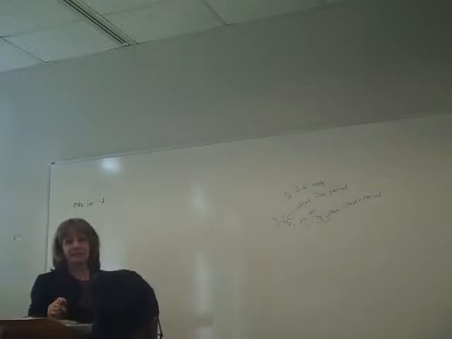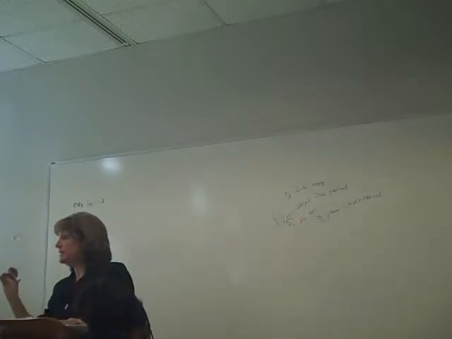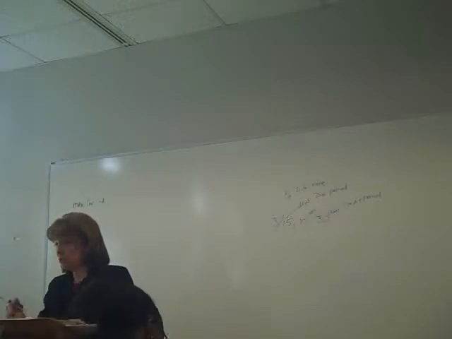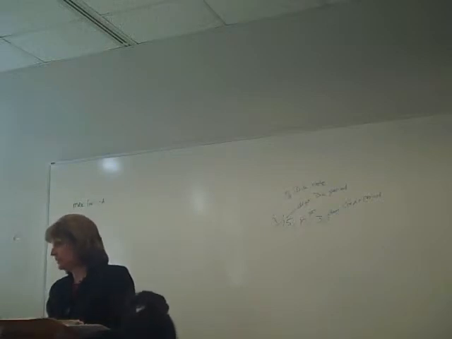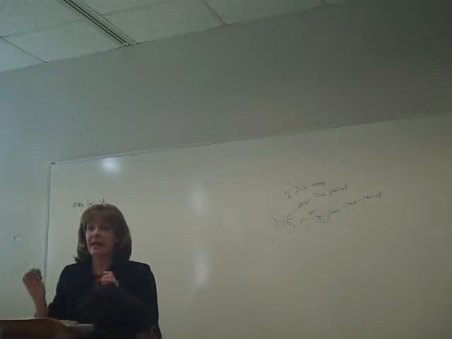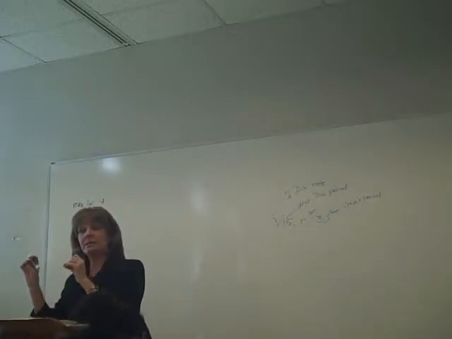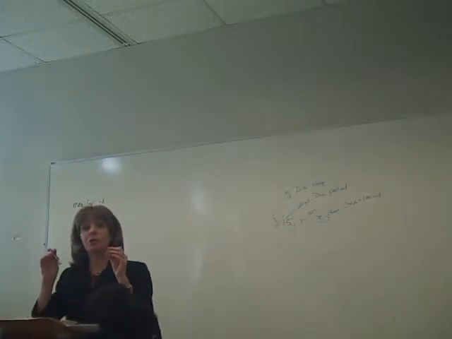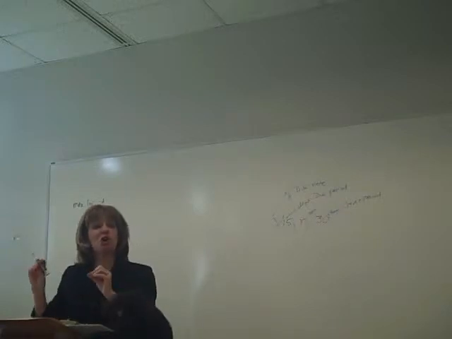It is our new asset. Remember last time I told you that's different than supplies, because supplies we use, but merchandise inventory we resell. So there's our difference. They're both current assets, but they're in different categories. As you use supplies, they become supplies expense; when we sell merchandise inventory, it becomes cost of goods sold.